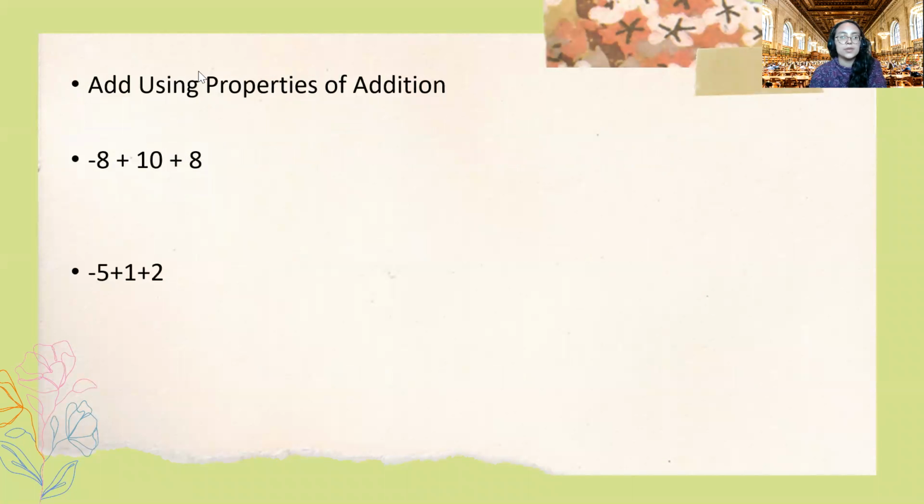So we're going to use our properties of addition to find our result here. For the first one, we have negative 8 plus 10 plus 8. You can tackle this in many different ways. You can add these two together, or you can add 10 and positive 8 together first, and then do the subtraction.